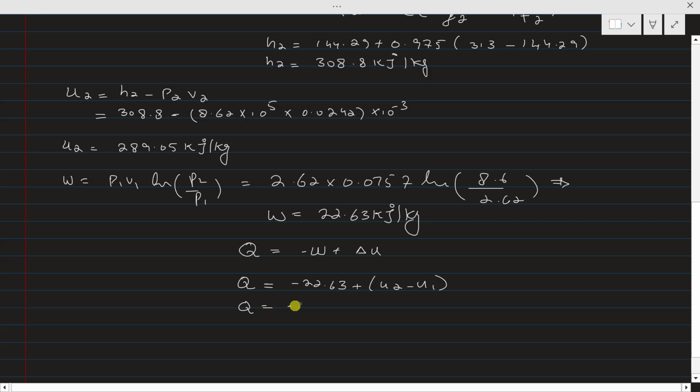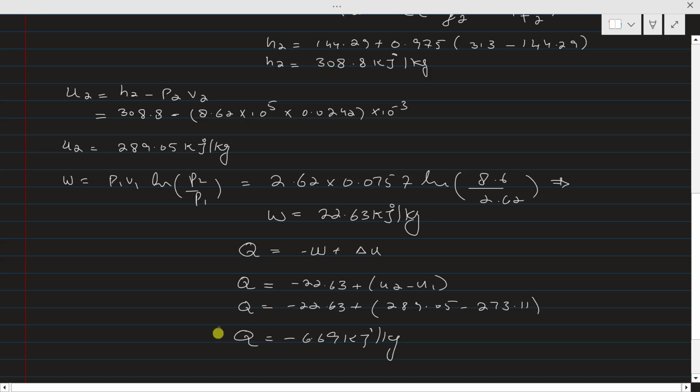Put in the values. What is U2? That is 289.05 minus 273.11. After simplifications, you will get the heat value, that is minus 6.69 kilojoule per kg.